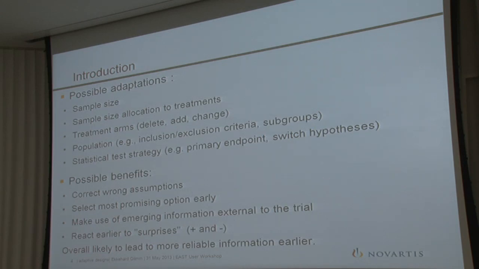So the hope is that you are not so fixed. It's not like your trial is now running and going on, and nothing that happens in the outside world will ever allow you to change this running thing.